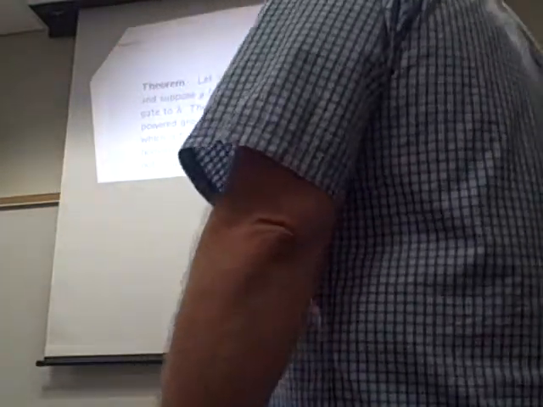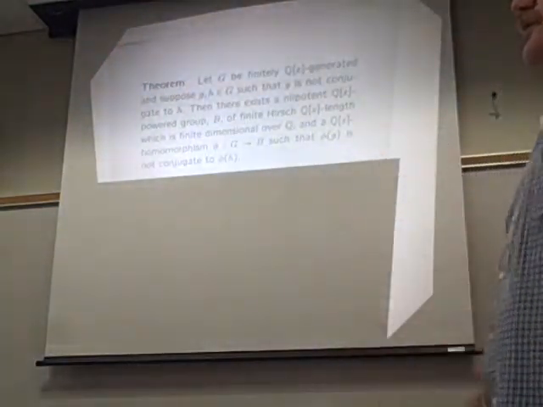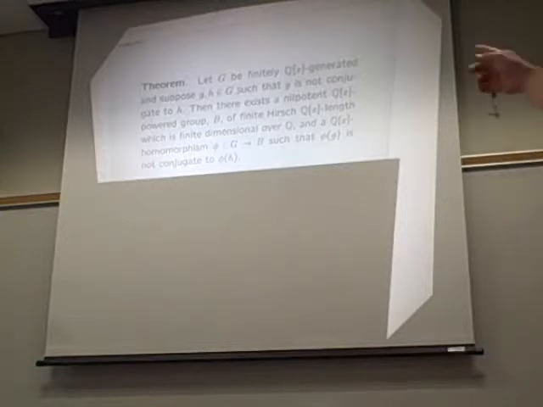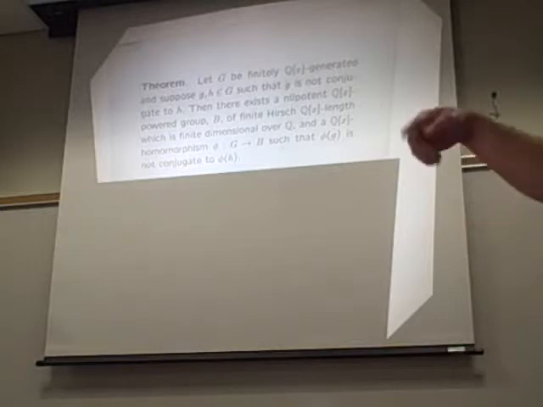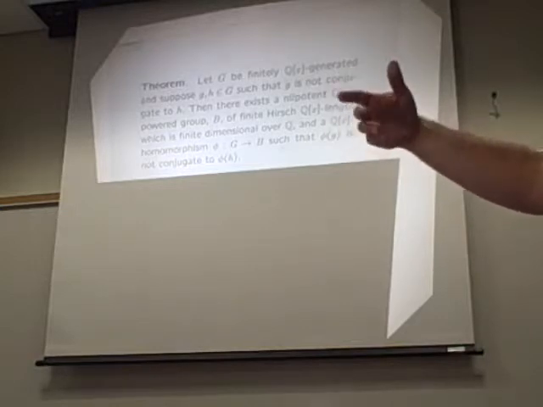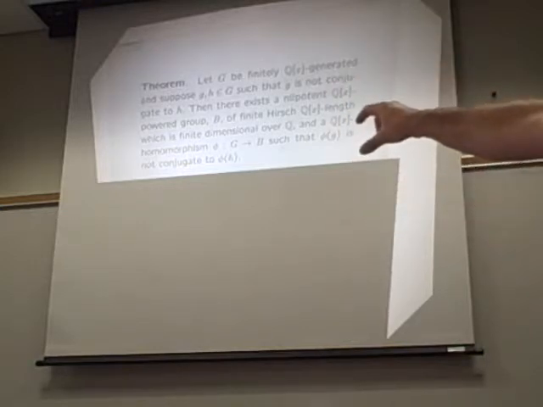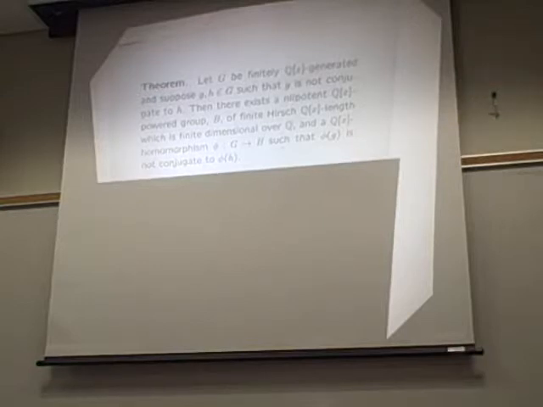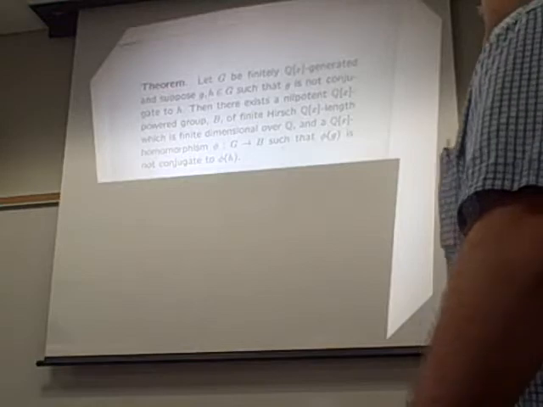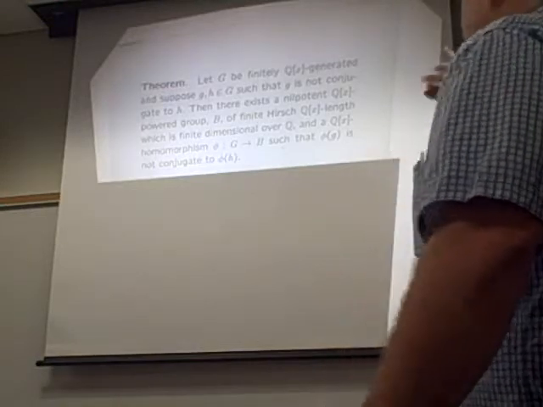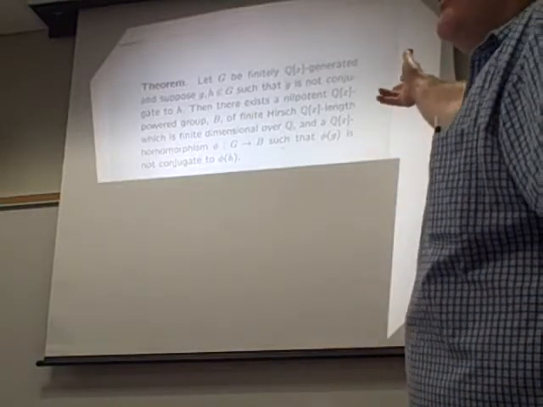If the Harshx length is 1, then you're looking at G as cyclic. And if G is cyclic, then this non-conjugacy relationship boils down to the previous theorem, because you're looking at something that doesn't equal 1. And if something doesn't equal 1, then you could map it to another thing not equal to 1, because it's residually finite dimensional over Q. And then when you do that, you're looking at a non-conjugacy thing in its image again.